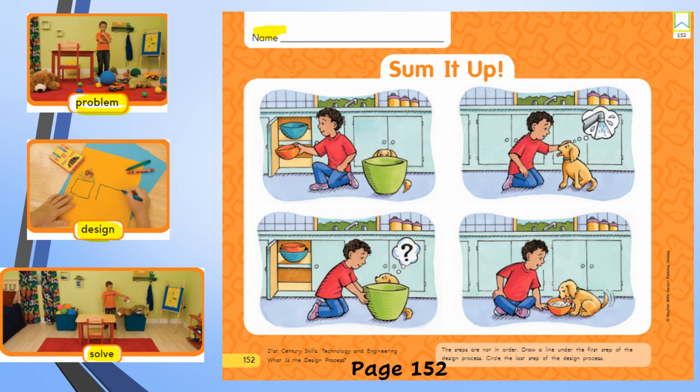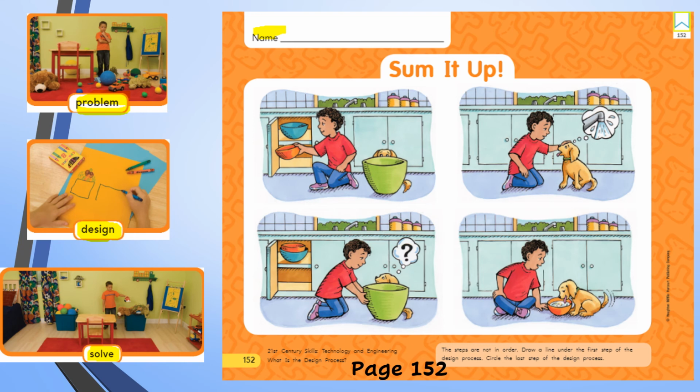What we're going to do is we're going to pick out the first and the last of the design process, so the beginning and the end, okay? Now remember, the beginning is the problem. You identify that there's a problem, okay, or what your problem is, and the end is your solution, okay? So what we're going to do is you are going to draw a line underneath what the problem is. Look at the 4 pictures, all right?